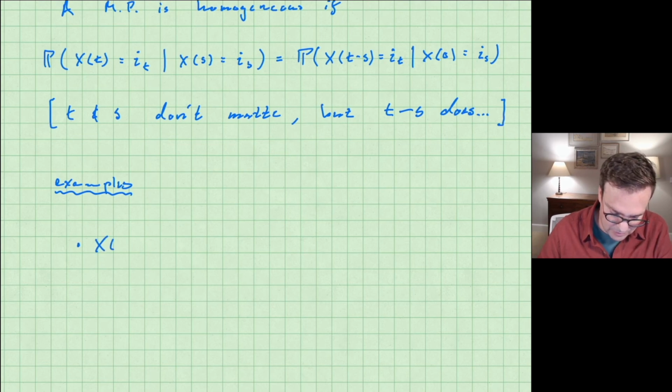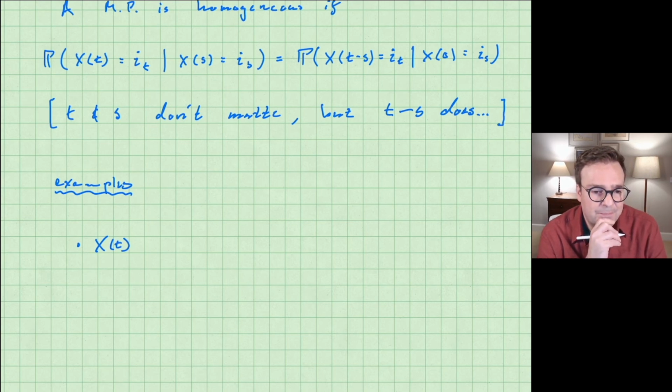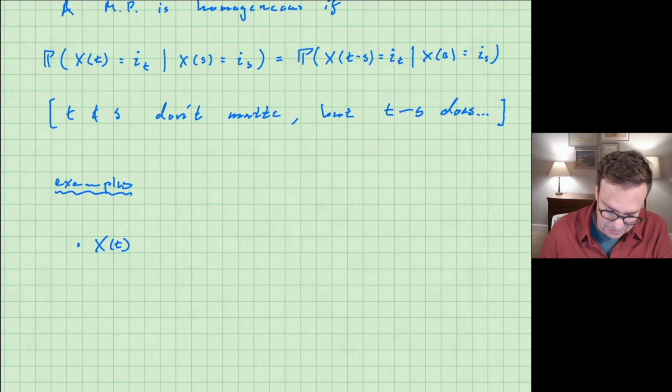So x of t could be like the status of a disease in a population or in an animal. Status meaning they have it or they don't. Or number of people that have it, or number of animals that have it.